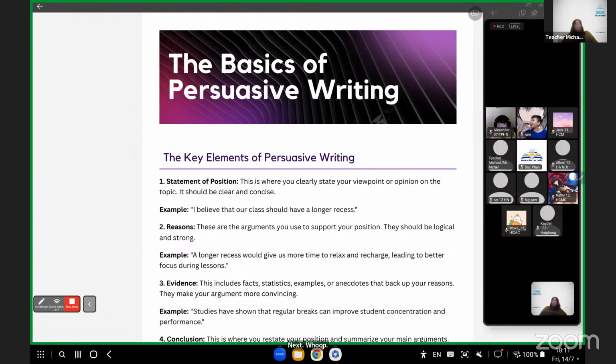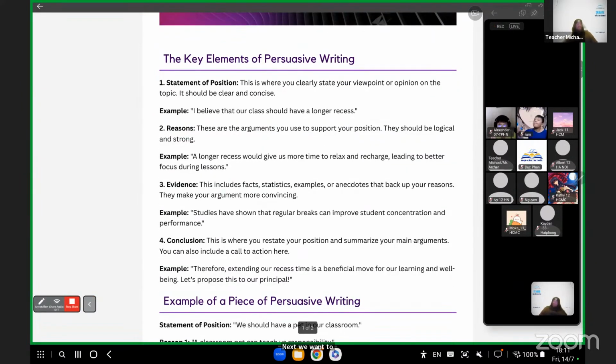Next, we want to include reasons. Our reasons are important because these are the arguments that we use to support our decision or to support our point of view. They should be logical and strong. By logical, it just means they should make sense.